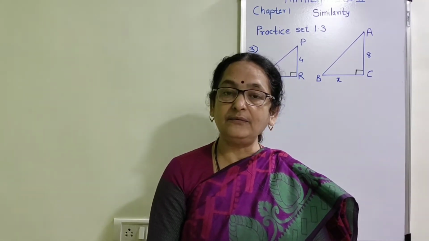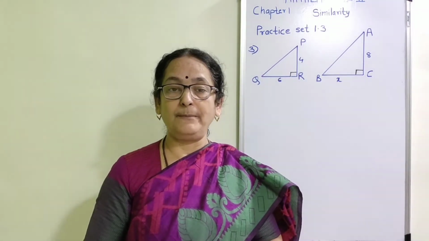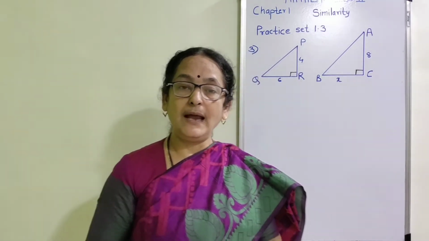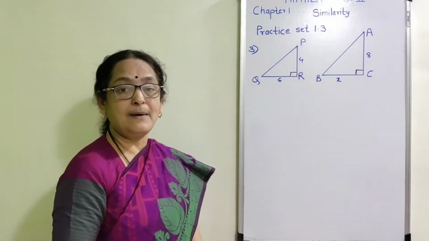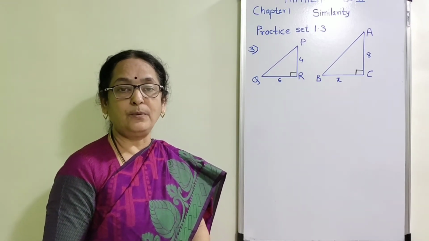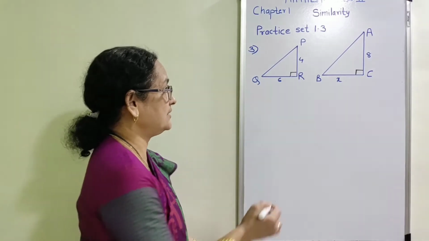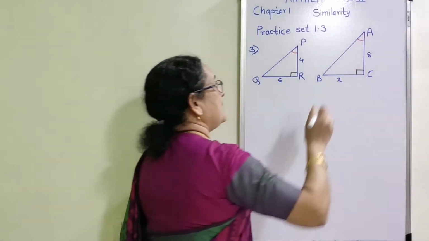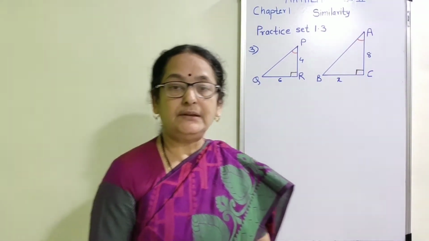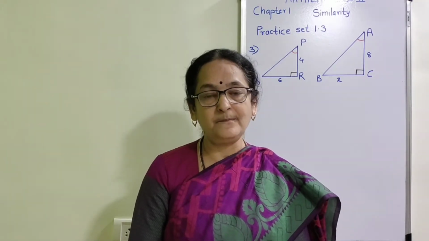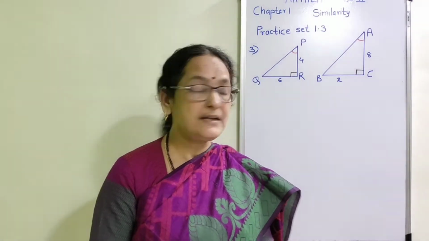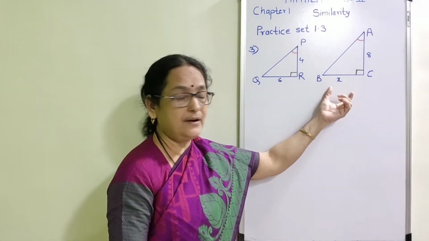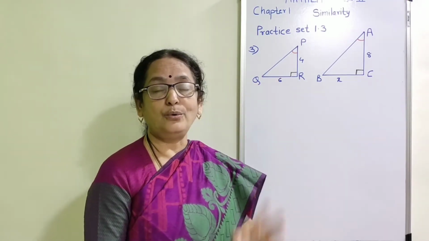The reason is that when you compare the shadows of both the poles, the shadows are cast at the same time, and therefore the angles made by the sunlight at the top of the poles are also congruent to each other, and therefore here angle P is congruent to angle A. Please remember this point, that since the shadows are cast at the same time, the angles made by sunlight at the top of both the poles, whether the heights may be different, are congruent to each other.